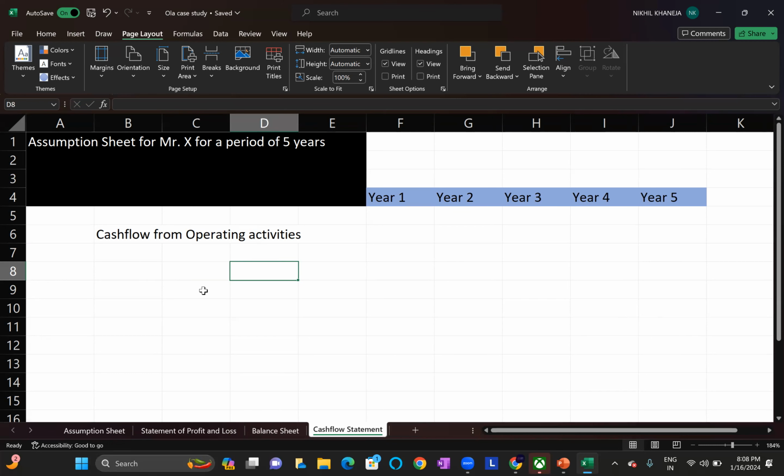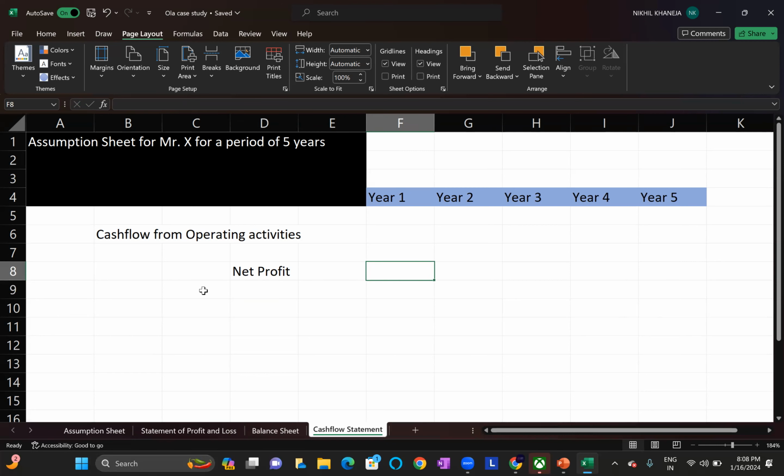We start this from net profit, because when we talk about operating activities, net profit is nothing but a closing amount, or we can call it the crux of operating activities. So it is better to start from net profit to calculate cash inflow and outflow of net operating activities.